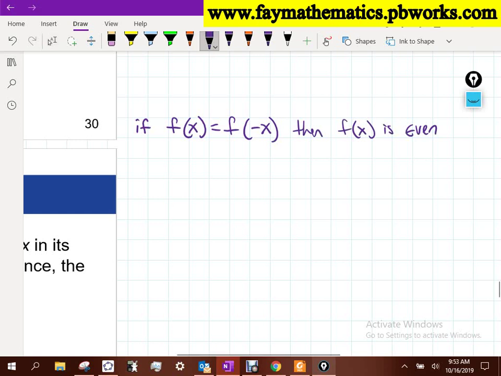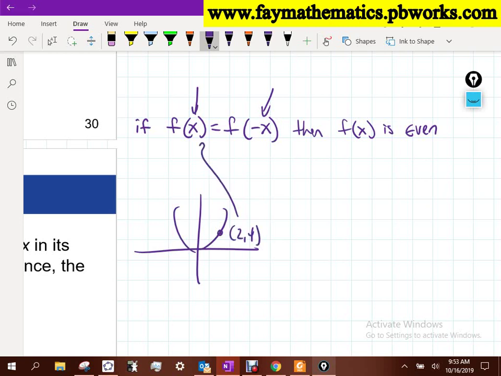And basically what it's saying is when you choose an x value and you get a y value back, and then you negate that x value, and you get the same y value back. So if I look at my parabola, do I have the point 2, 4 there? When I plug 2 in right there for f of x, and then I plug in negative 2 over here, do I get the same y value back for negative 2 that I had for positive 2? Does that make sense? This is the check to see if that happens.